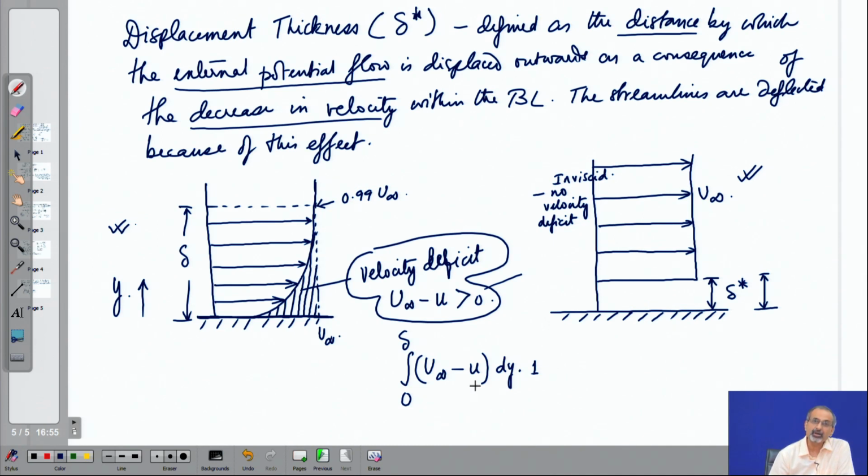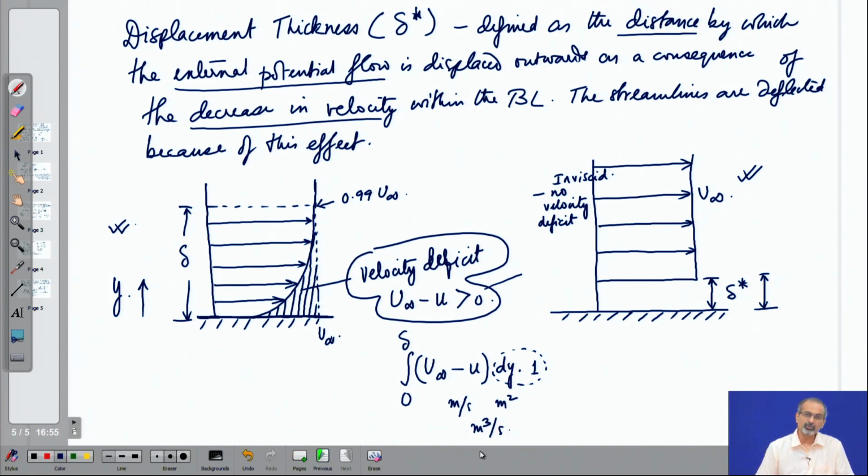It will give us the product of a velocity in the sense of a deficit and area, because it is the height times the depth, unit depth. So, the product of the velocity and the area essentially will give us, in terms of dimensions, meter cube per second.